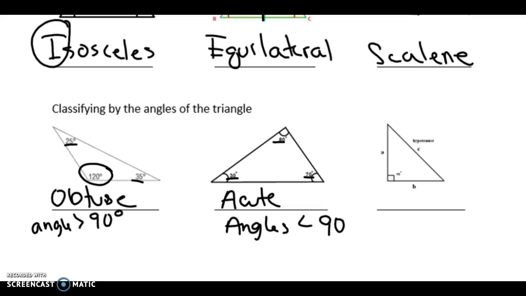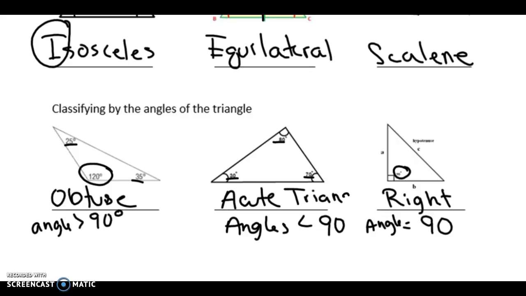Looking at the far right one, this here says 90 degrees. Okay, a 90-degree angle makes it a right triangle. Okay, I have the word triangle on each of these.